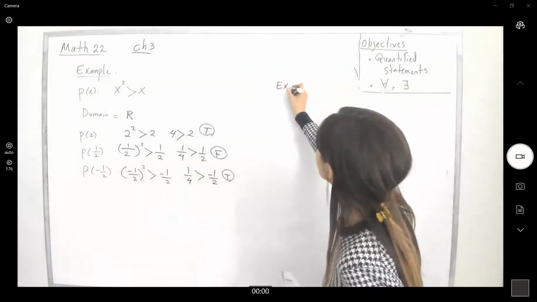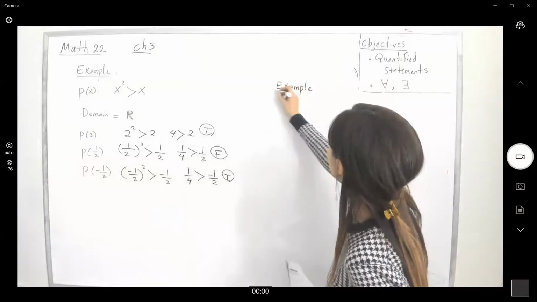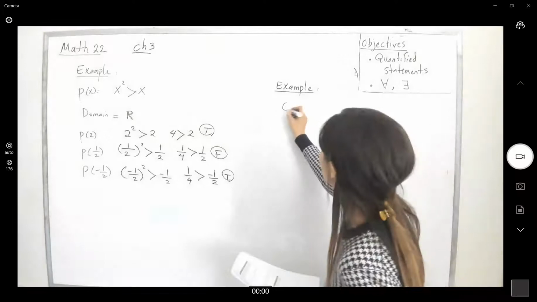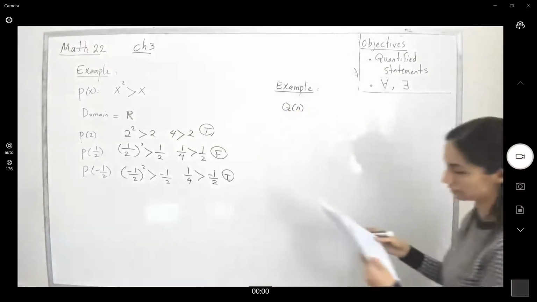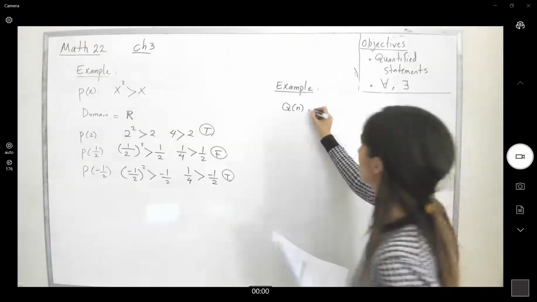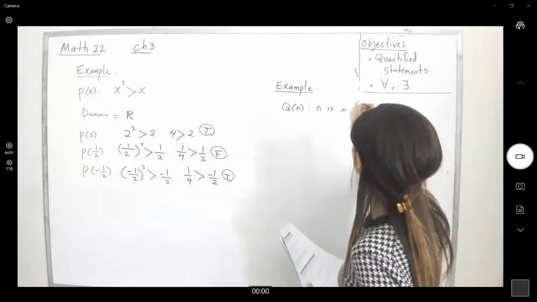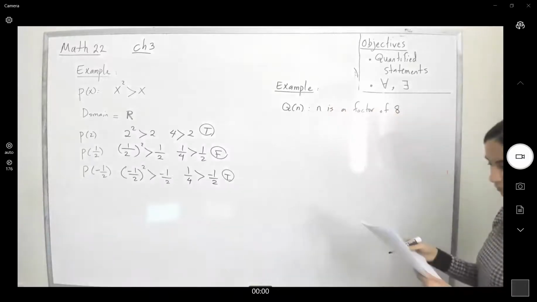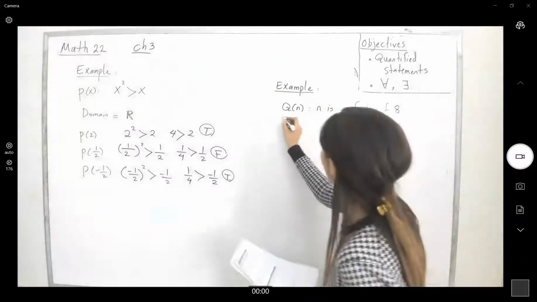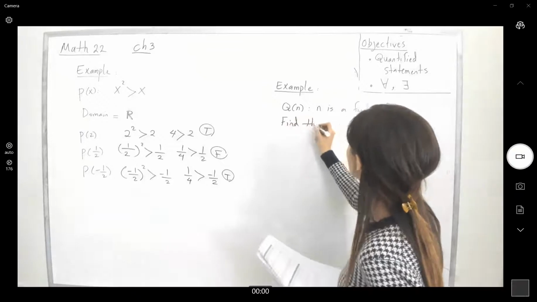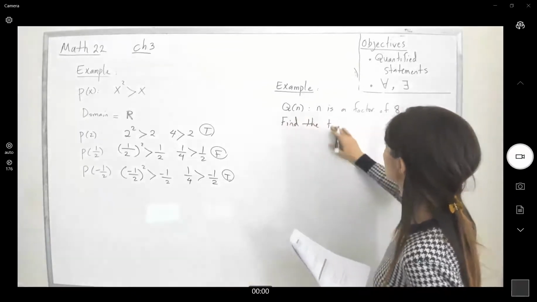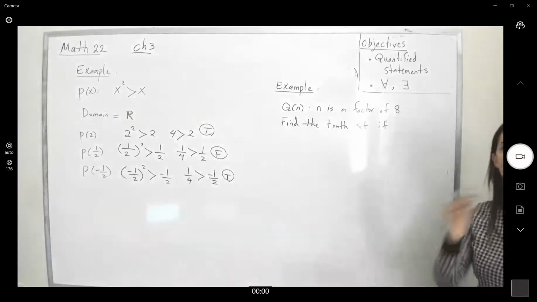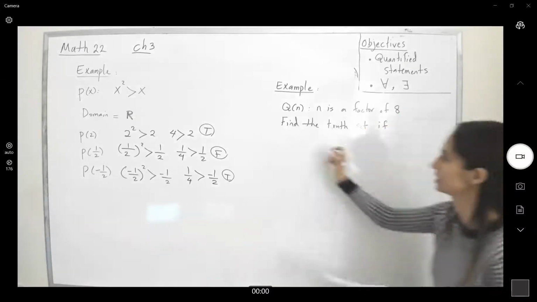Another example for you. This example says, let Q(n) be a predicate which is given as n is a factor of 8. Find the truth set if the domains are changing.